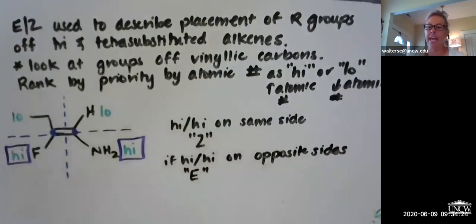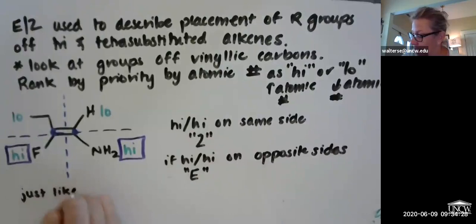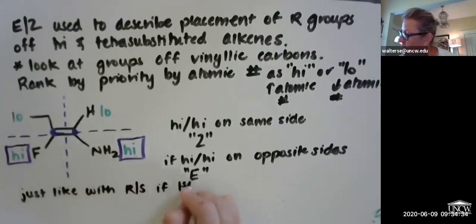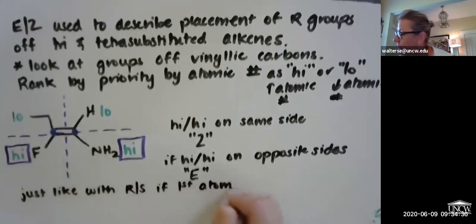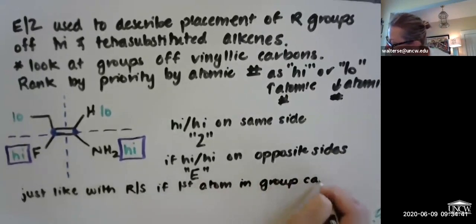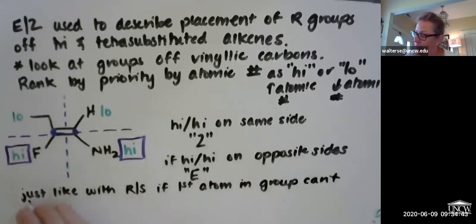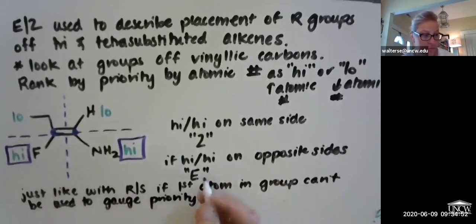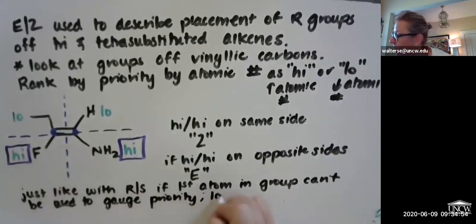Okay. And just like with R and S, if the first atom in the group can't be used to gauge priority, you look at what it's bonded to.